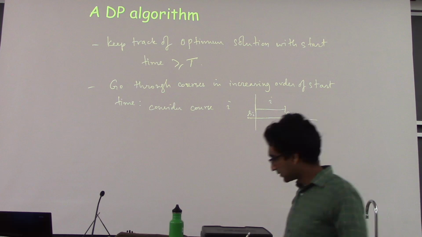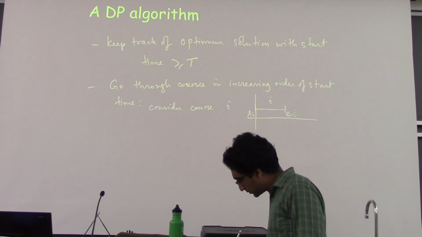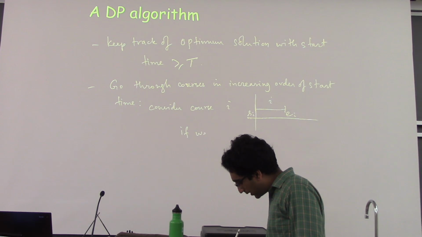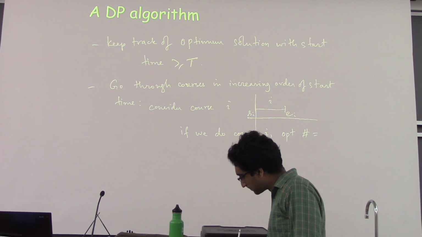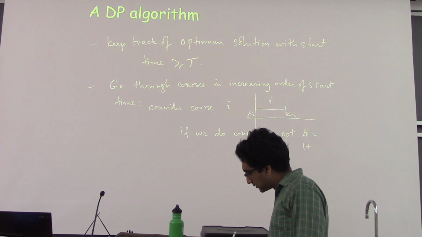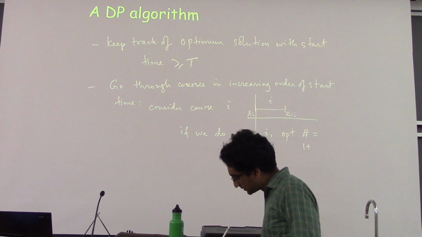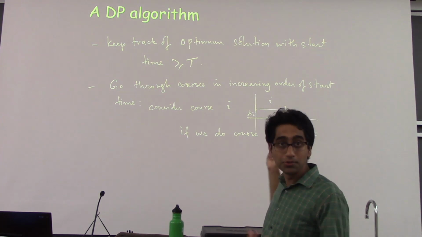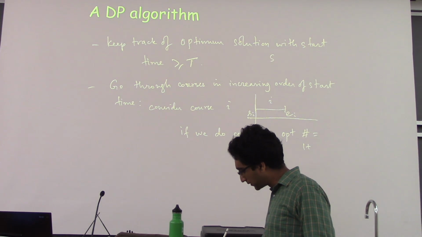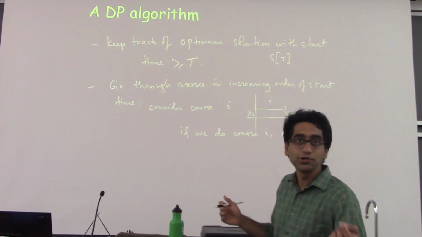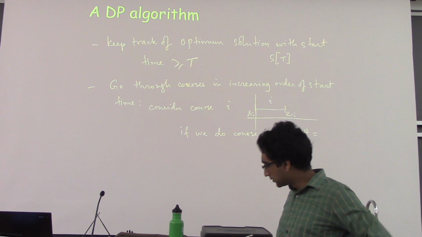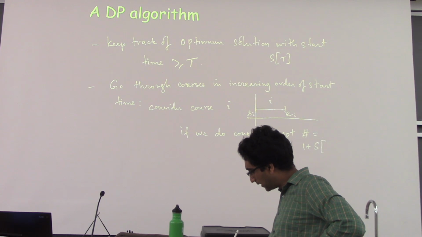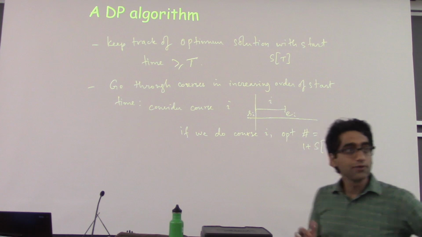So one option is, if we do course I, then the optimum number is 1 plus the value. Let's denote this by some name, to keep track of the optimum solution. Let's call it S of t. S stands for the solution. S of t is the maximum number of courses that you can do starting at t. So it's 1 plus S of Ei. This is if we choose to do this course.